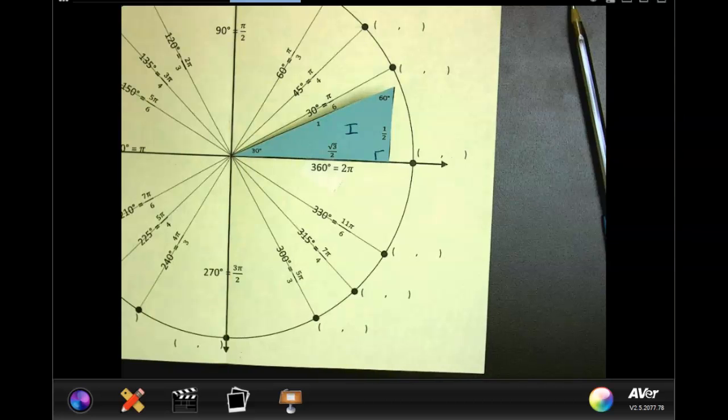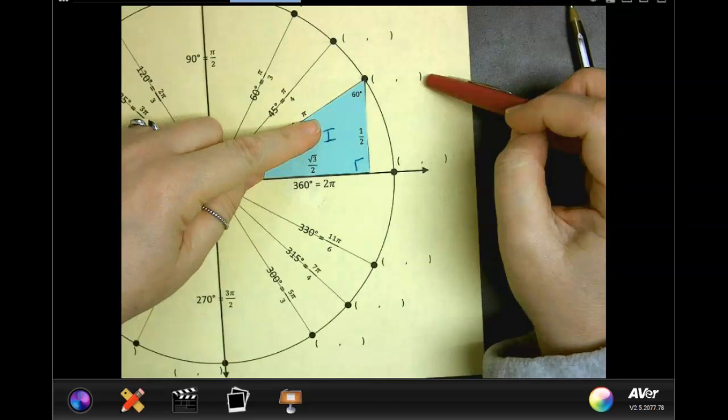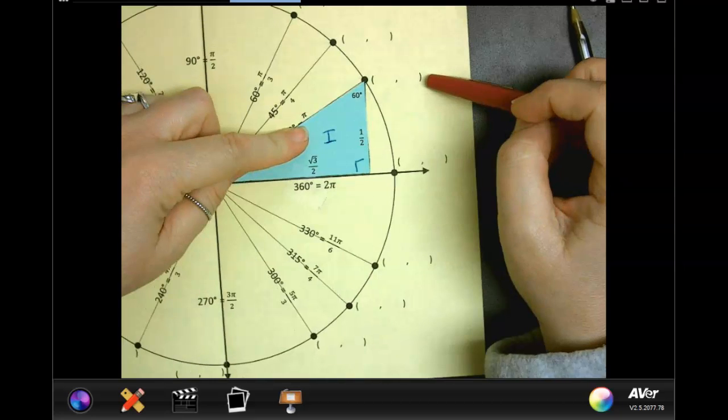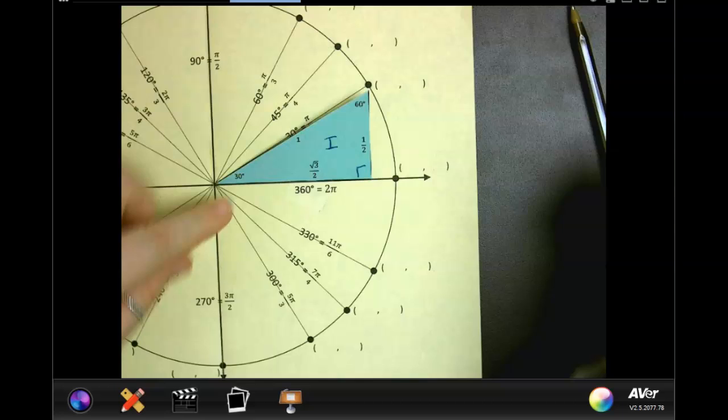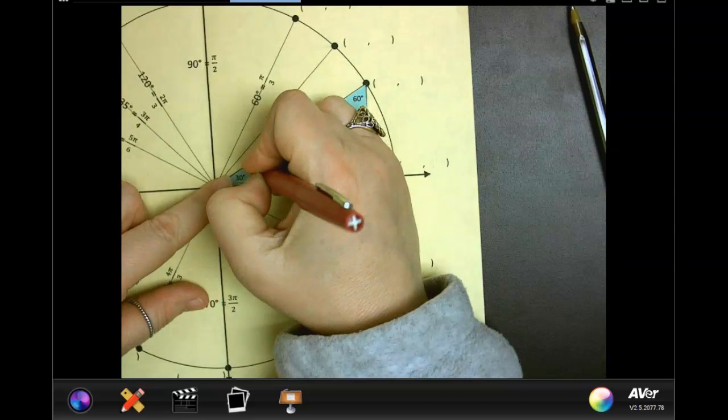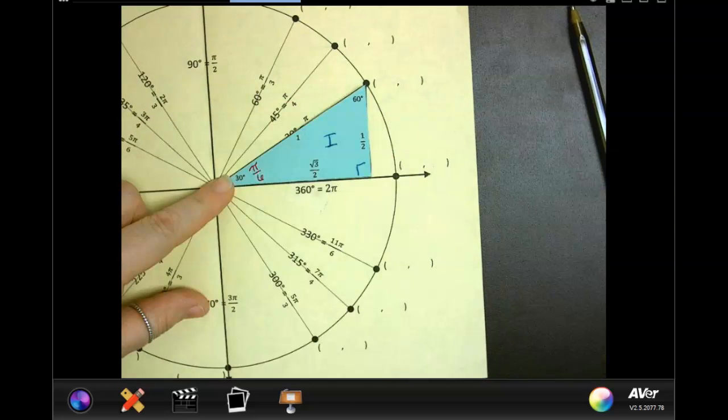In addition to knowing the radian measures of the angles all the way around the circle, we also need to know the ordered pairs, which are going to be very easy to figure out as well. This 30, 60, 90 triangle, and again, 30 is actually pi over 6, because we're going to start talking about everything in radians.